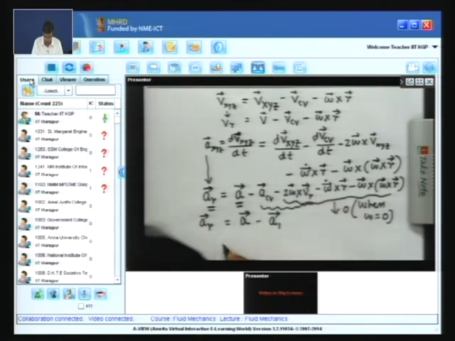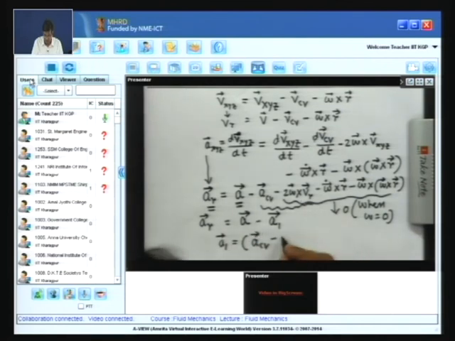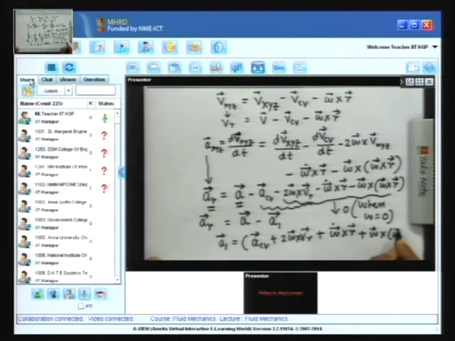A1 equals the acceleration of the control volume plus omega cross V_R, plus d omega dt, omega dot, plus omega cross r.